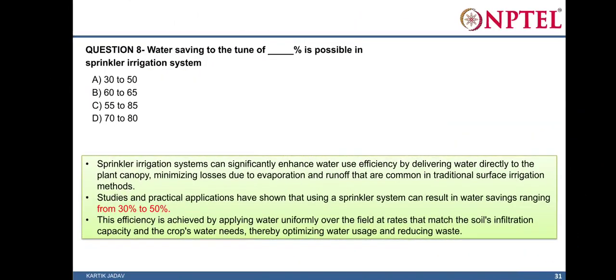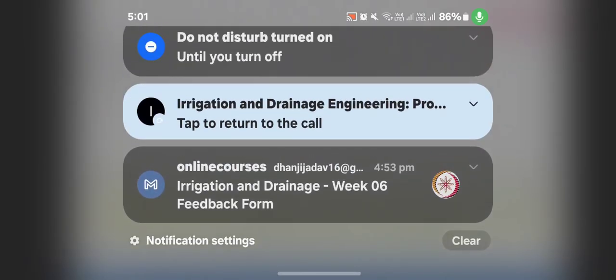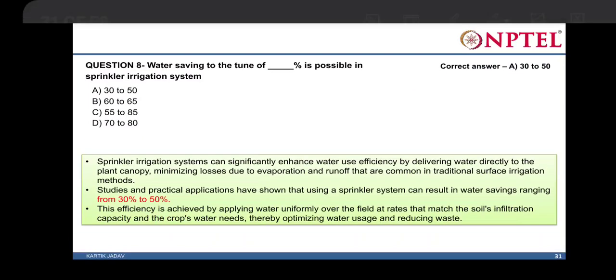Now question number 8. Water saving to the tune of blank percent is possible in a sprinkler system. So in a sprinkler system, we know that a total of 30 to 50% saving is possible.